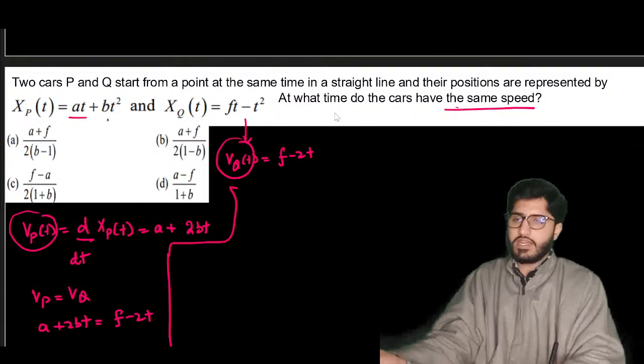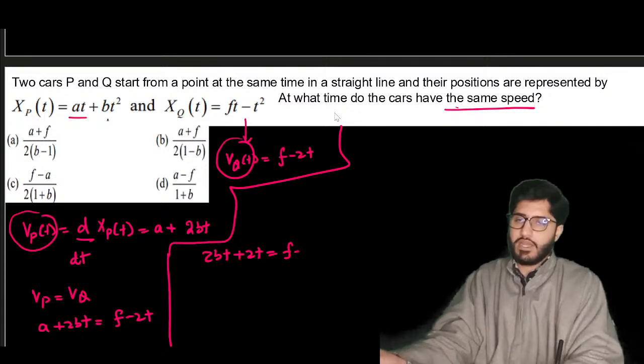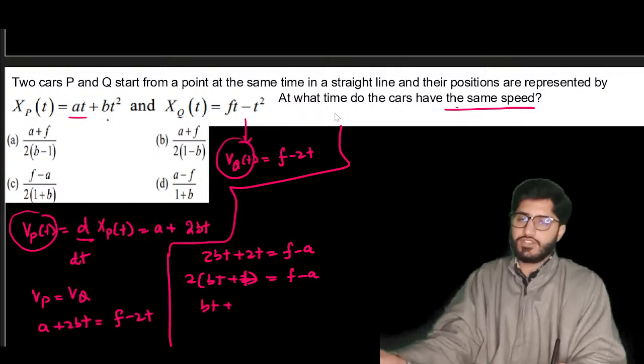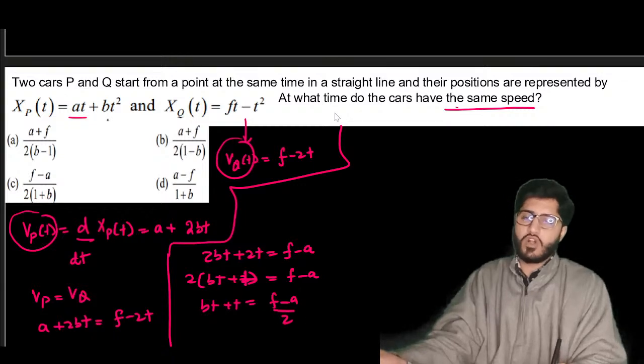So how can I write it now? Look, I can write it as 2bt plus 2t comes out to be f minus a. I will take 2 common, so I will have bt plus t. So I have bt plus t equals f minus a by 2. I will take t common also.